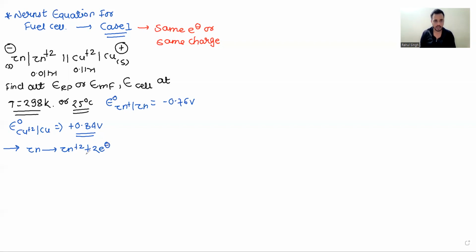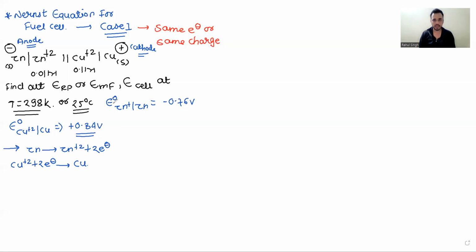Oxidation means this is our anode, and this side is our cathode. Zinc is giving 2 electrons, and those electrons are gained by copper: Cu2+ gains these 2 electrons and is converted to Cu.